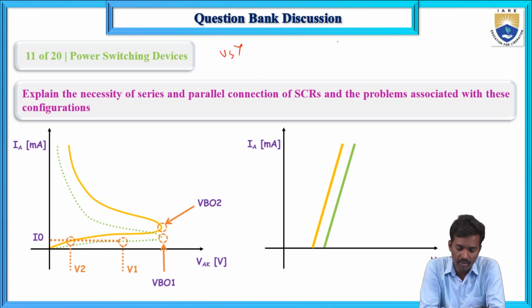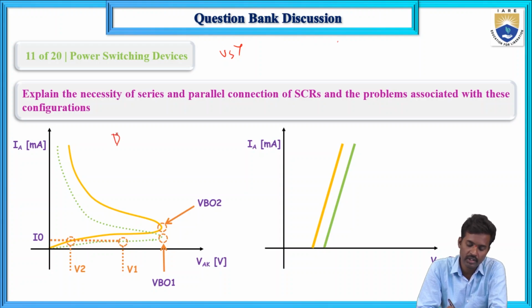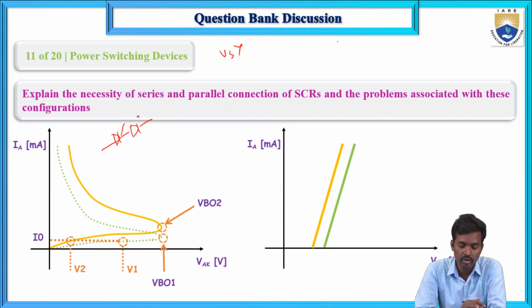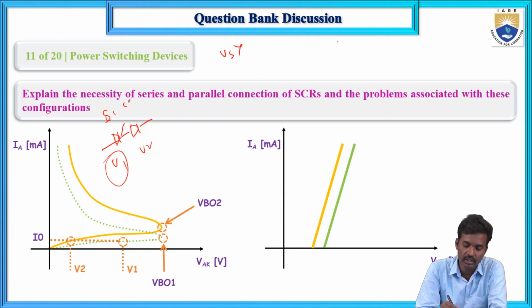So what are the problems here? If two SCRs are connected in series, what will happen? Though they are manufactured with the same rating, because of different leakage currents there are two different voltages, V2 and V1, so VBO1 differs. One is triggered earlier and another one is triggered later. Because of that, there is unequal voltage distribution across SCR1 and SCR2.